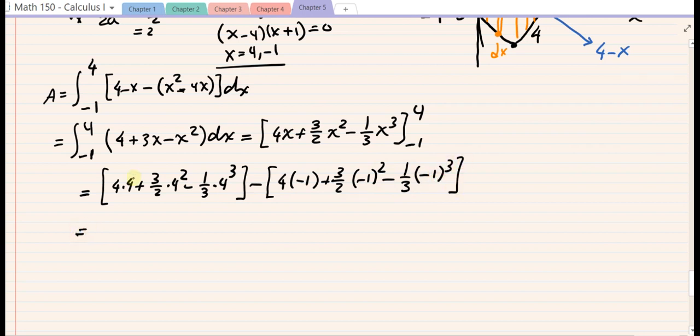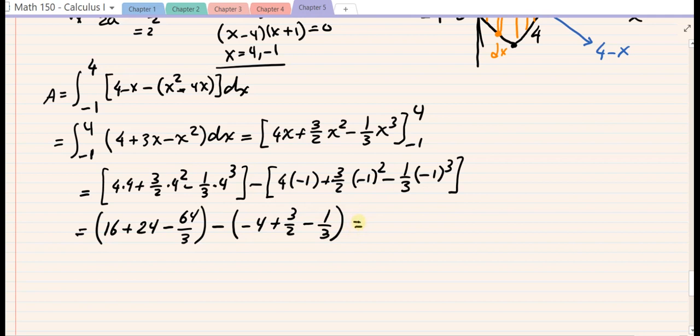Okay. And this would be 16 plus, in the middle I have 16 divided by 2 times 3, that's 24, right? 24, and minus 64/3. That's the first one. Minus the bracket is going to be negative 4 plus 3/2 minus 1/3. Okay.